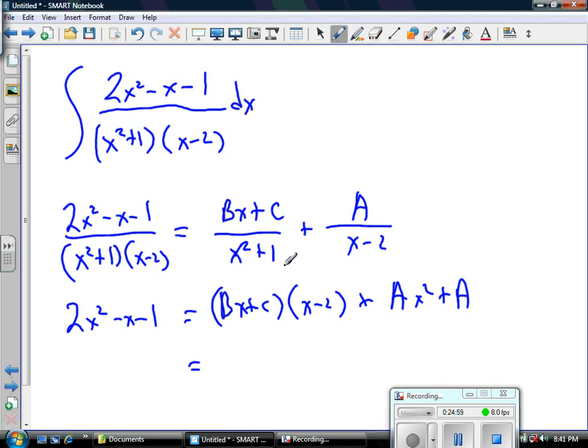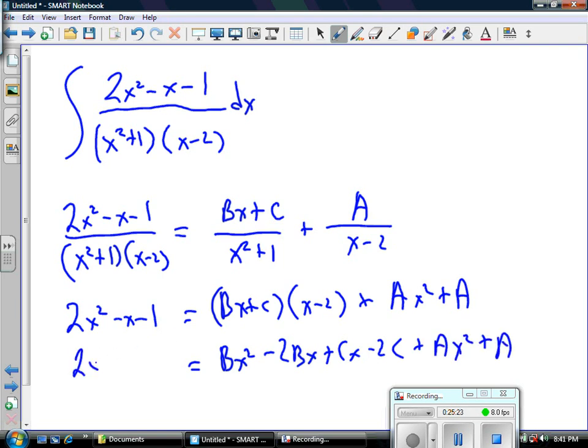Do FOIL: first, outer, inner, last. Double distribution. So, bx squared, then minus 2bx, then plus cx, then minus 2c, plus ax squared plus a equals 2x squared minus x minus 1.